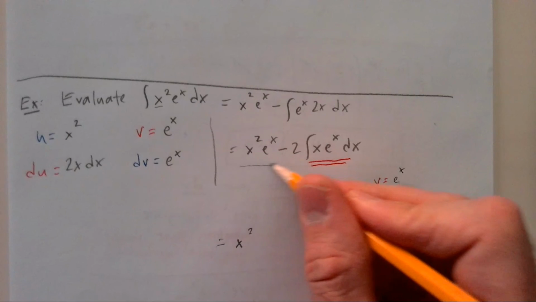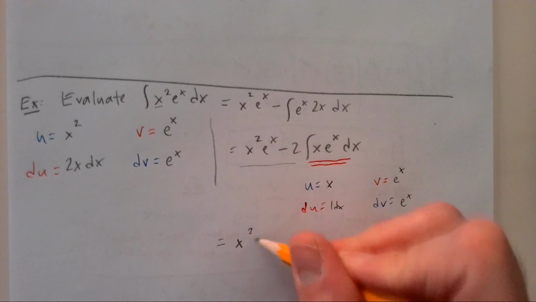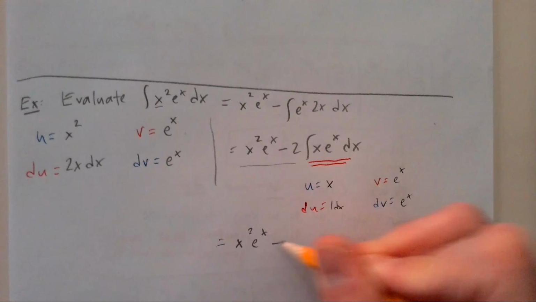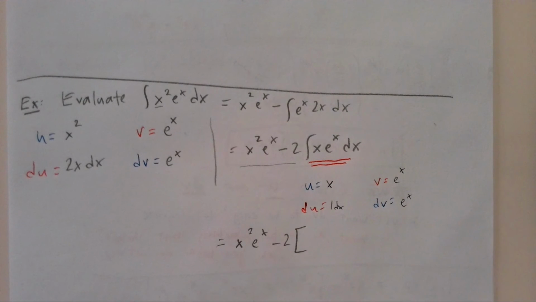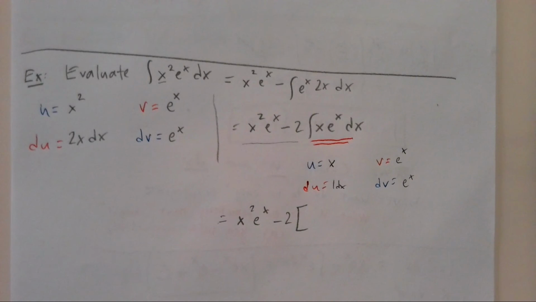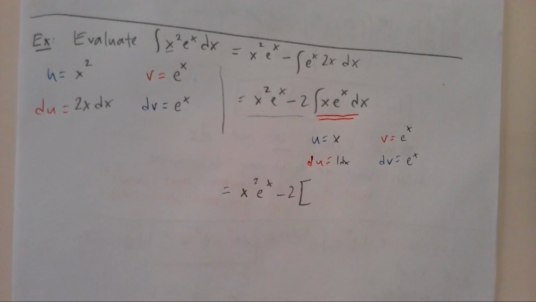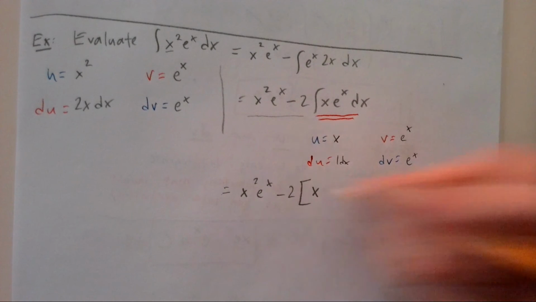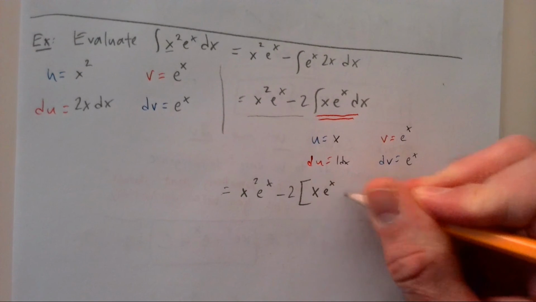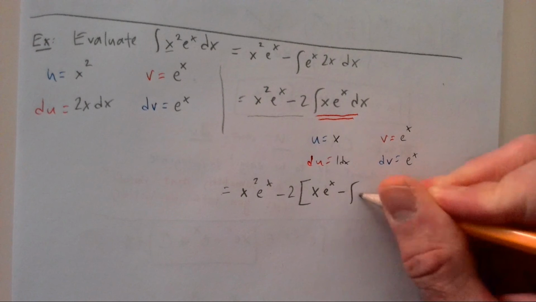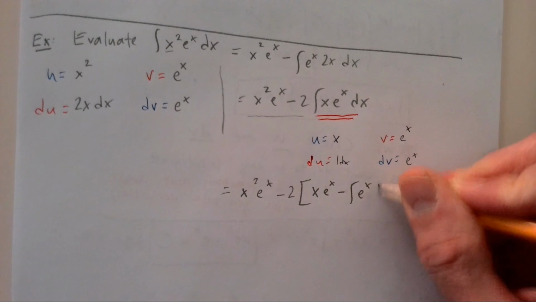Okay, so putting all that together, this stuff is still all there. So x squared e to the x minus 2, and I'm just going to open a really big bracket here. Now I need to put in uv minus the integral of v du.